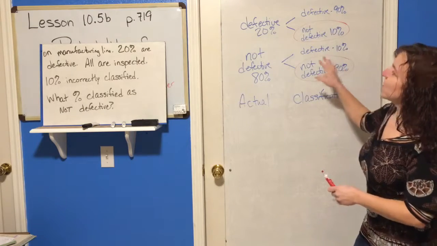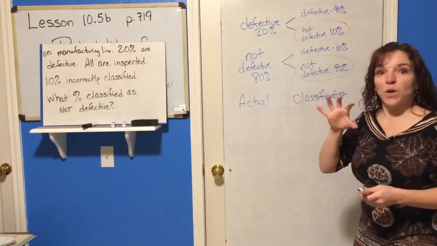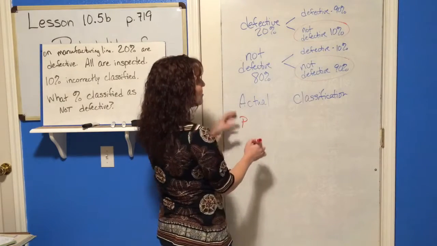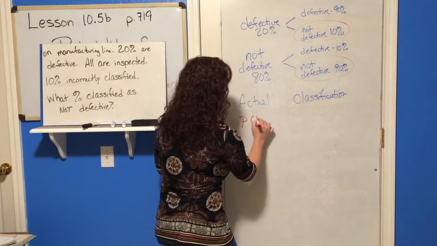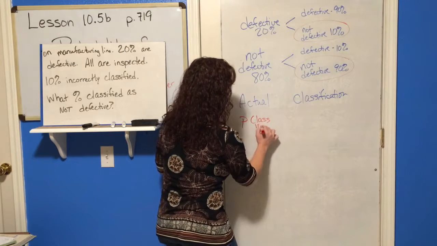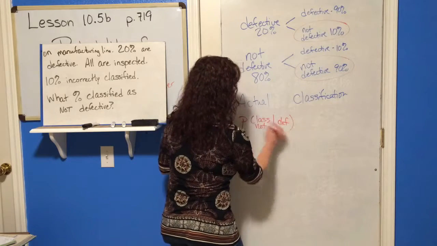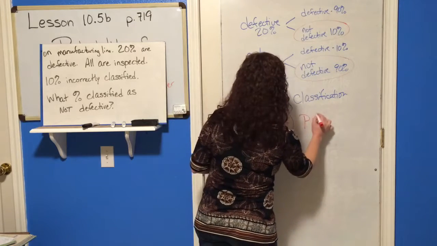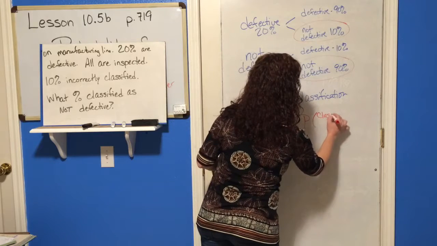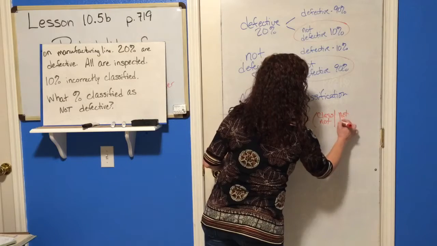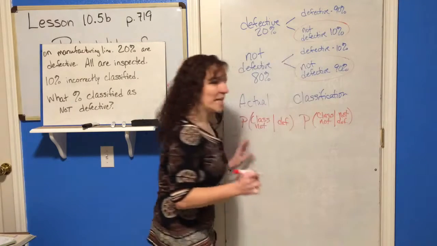Now this is where we have the probability that they're classified not defective, given that they're defective, and this is the probability that they're classified as not, given that they are not defective. Does that make sense?